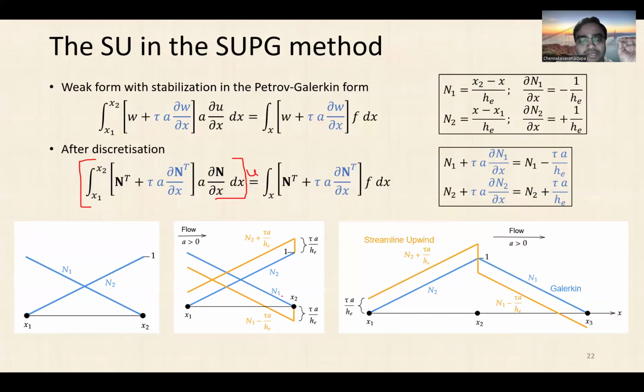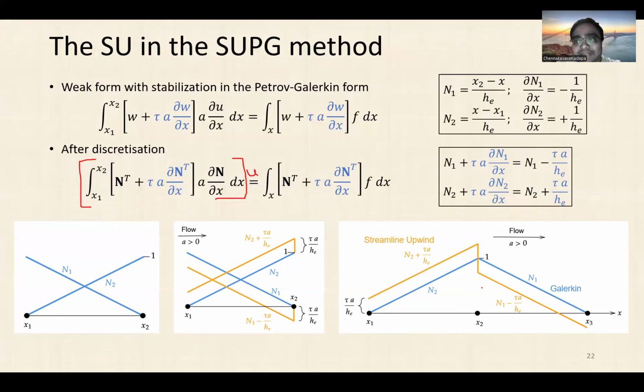We have N2, and then for the next element we have N1. These are our Galerkin basis functions from the Galerkin method. On top of this, we have N1 minus tau A by he and N2 plus tau A by he. Note, we still have the other two basis functions here; I just haven't plotted them for the sake of clarity.